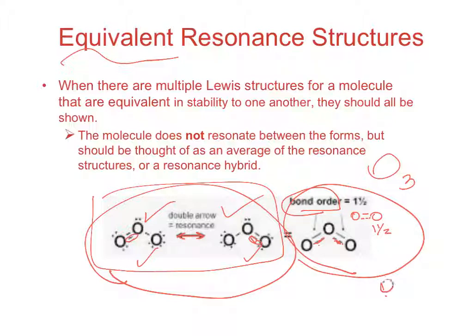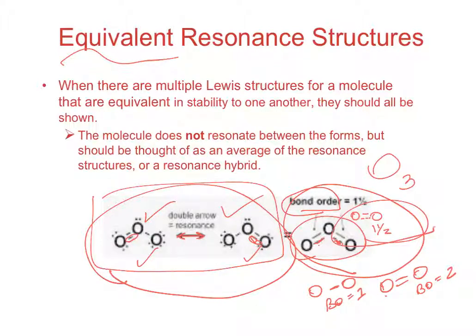So if it was an oxygen-oxygen double bond, the bond order would be 2. If it was an oxygen-oxygen single bond, the bond order would be 1. Since this is the hybrid, we only have one double bond and it's shared between two sites. The bond order is 1.5.